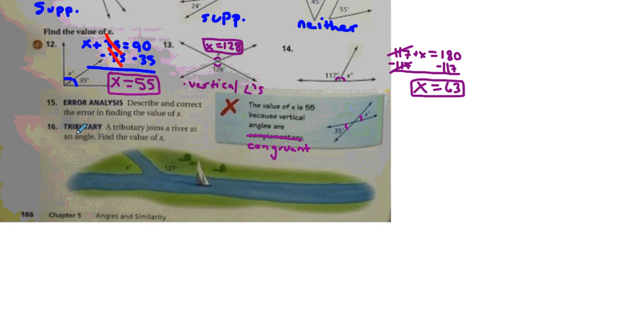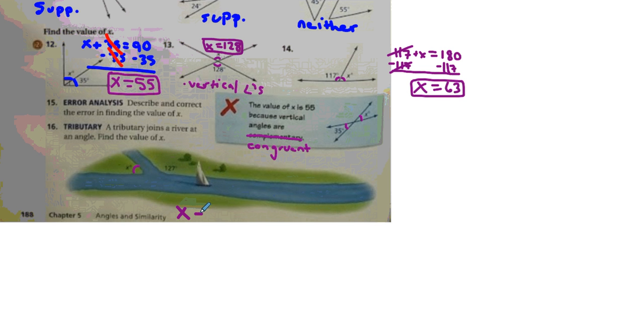And the last one, number 16, it says a tributary is joining a river at some angle, x. Find the value of x. Okay, well over here it says that this one is 127 degrees. So if they form a straight line, they have to add to 180, so I'm going to say that x plus 127 gives me 180 degrees.